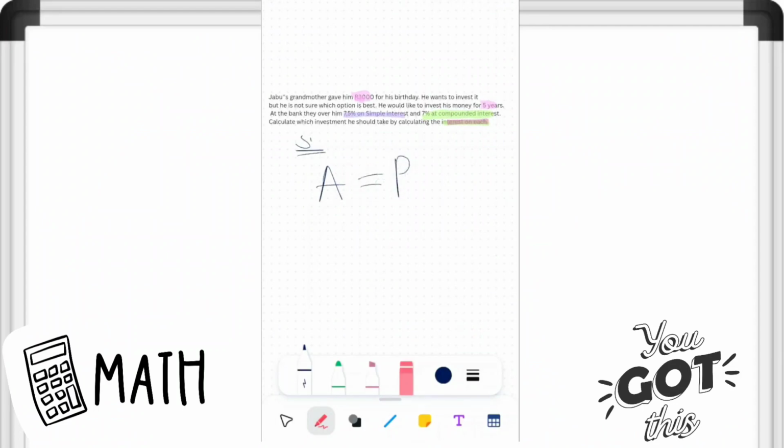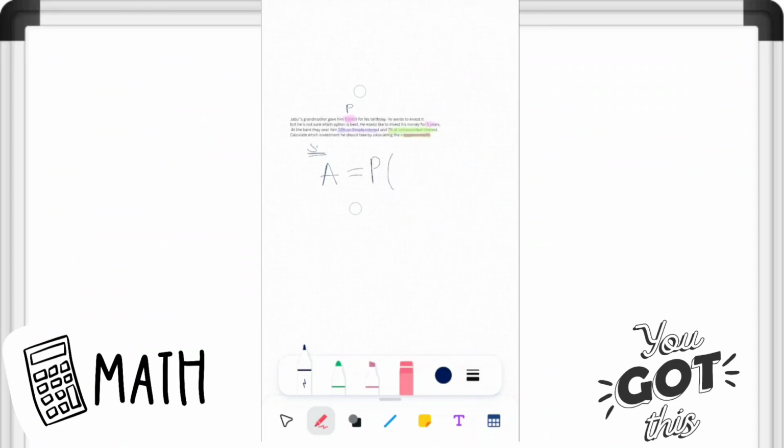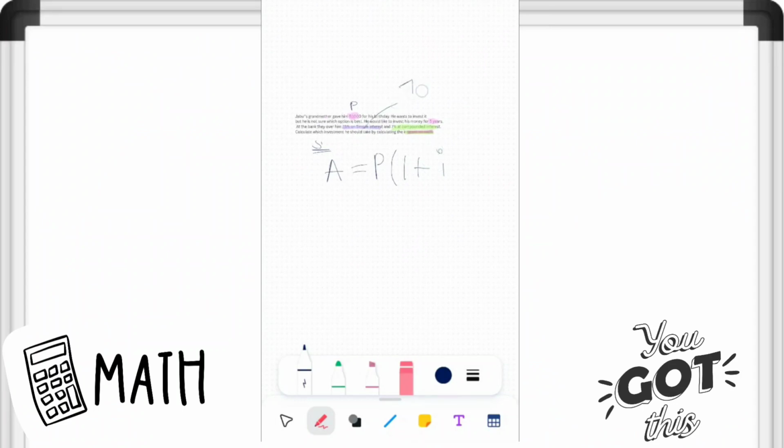We take the principal amount, which is the money he puts into the bank, times 1 plus the interest rate. Our interest rate is 7.5%, but we don't use 7.5. We say 7.5 divided by 100.